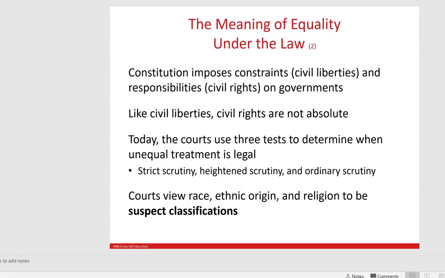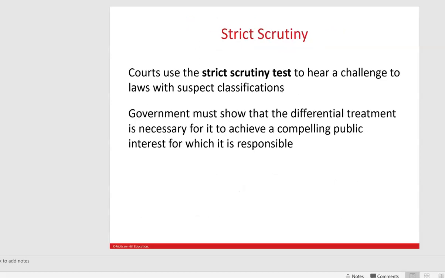Today, the court uses three tests to determine when unequal treatment is legal: strict scrutiny, heightened scrutiny, and ordinary scrutiny. Courts view race, ethnic origin, and religion to be suspect classifications. Under strict scrutiny, it says that discrimination is legal if it is necessary for the government to achieve a compelling national interest.